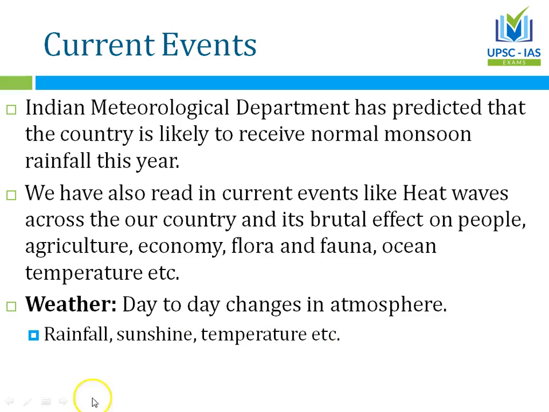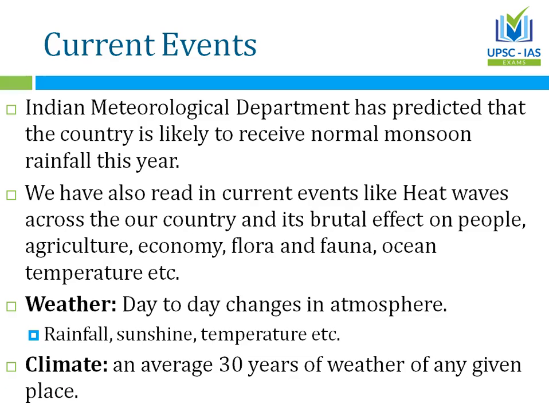But as you cross 10 a.m. you will start feeling a bit of heat, and of course from 12 to 5 it is unbearable, particularly around 2 to 5. So these are the changes that happen day to day, and you can call it weather.